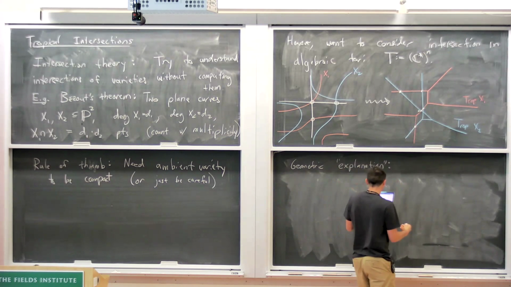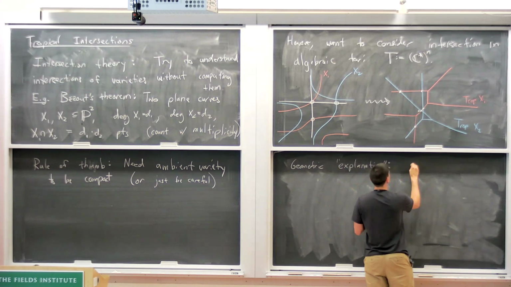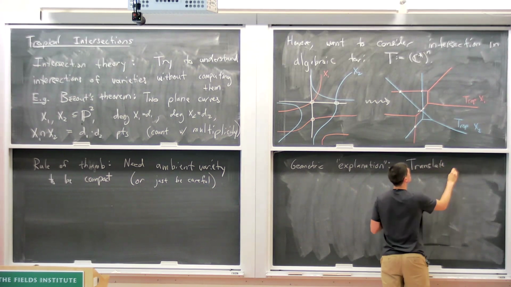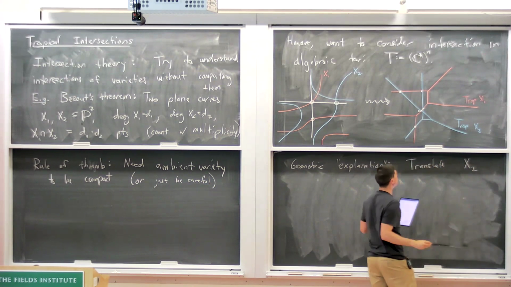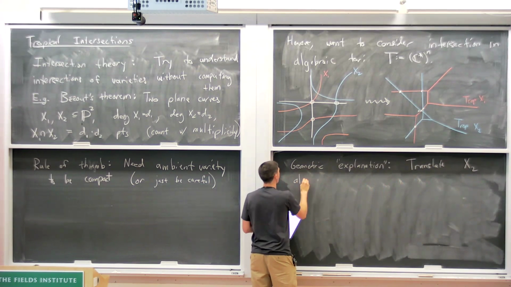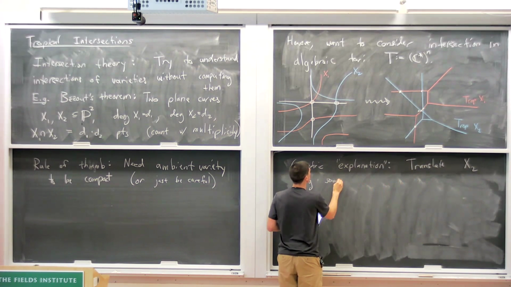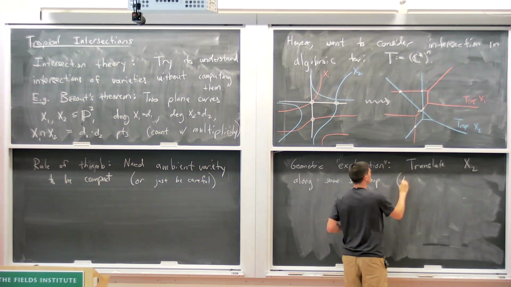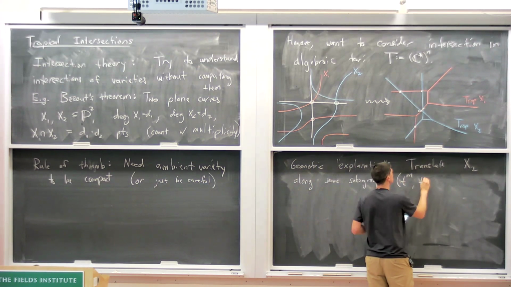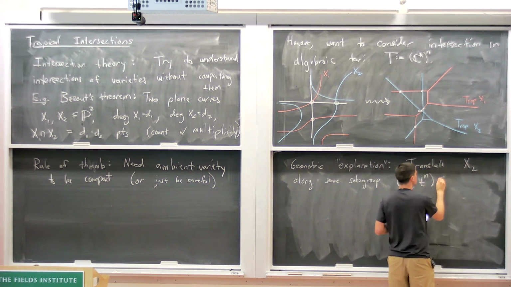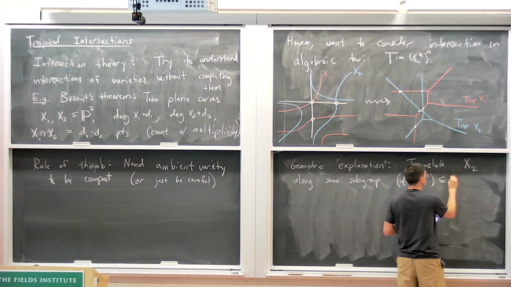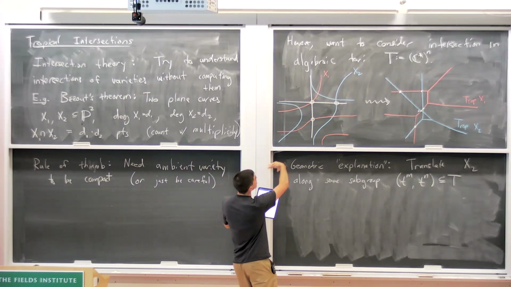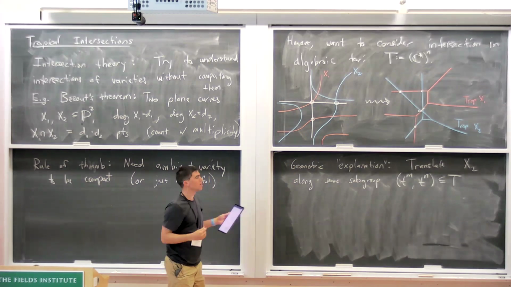The vague reason is that what we're doing here is translating x2 along some subgroup of this form. So this gives me a subgroup of my torus, and I can just translate x2 by multiplying by that subgroup.